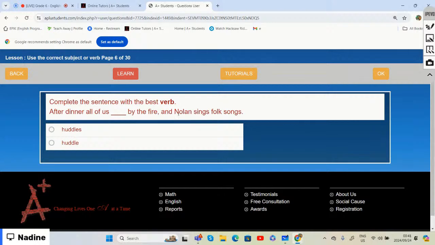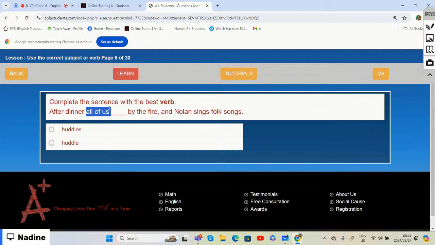Let's try this one again. All right, we're going to try this one again. It says, after dinner, all of us makes mention of more than one person, right? So after dinner, all of us, do we say huddles?